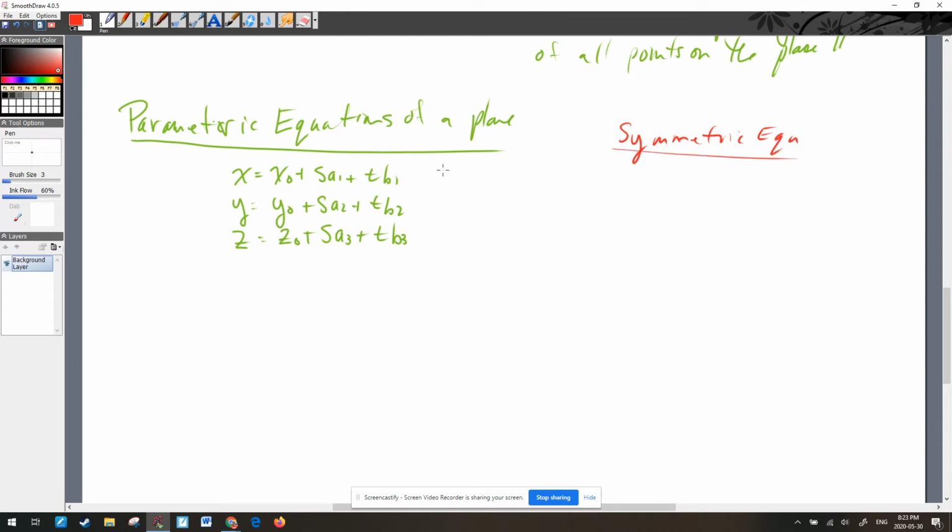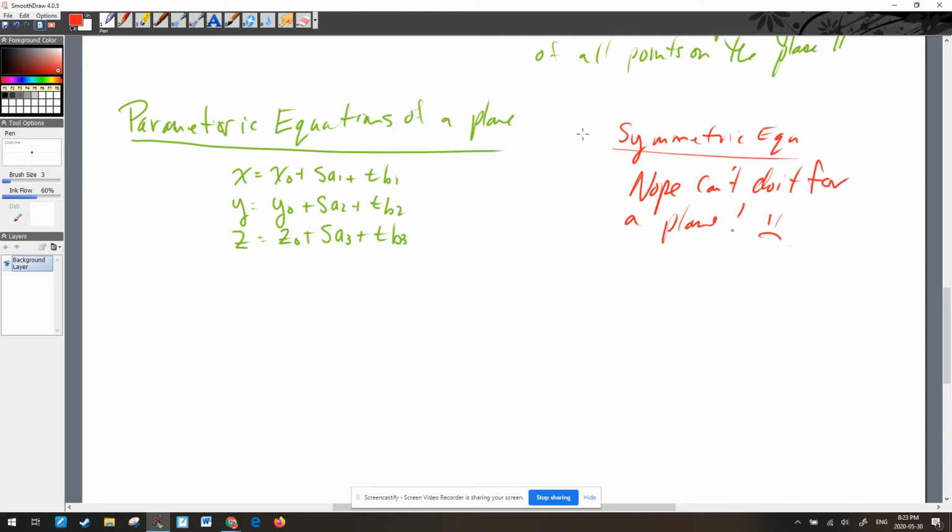What we did is we solved for the t, and we had x minus x naught over a1 is equal to t, and y minus y naught over a2 is equal to t. Well, here's the problem. Which parameter do we solve for? And then there's still parameters involved. So symmetric equation, nope, can't do it for a plane.